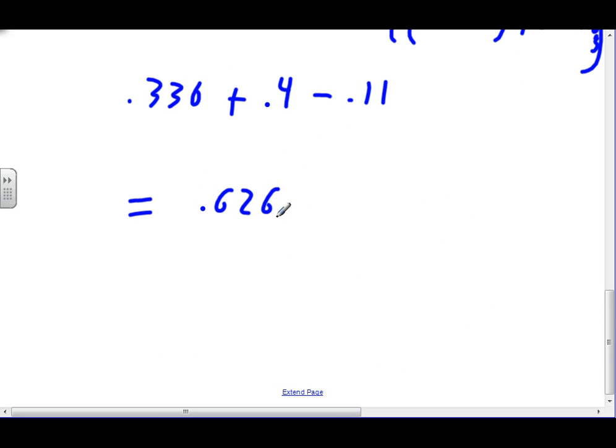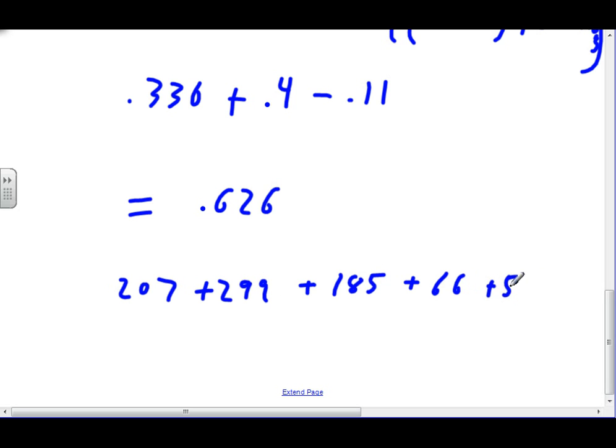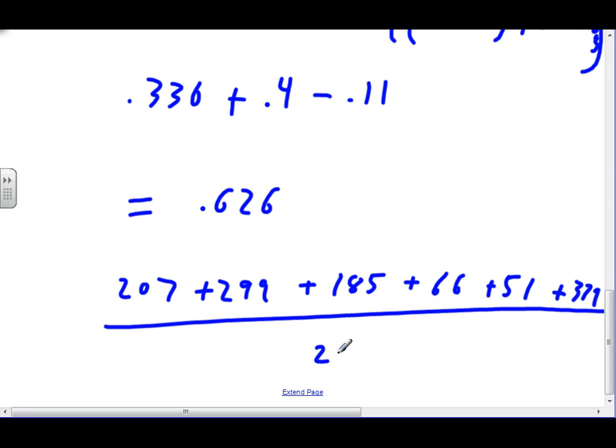Okay, we could have done it one other way. We could have added up 207 plus 299 plus 185 plus 66 plus 51 plus 379 and divided that by 2018. And we should, now that I think about it.